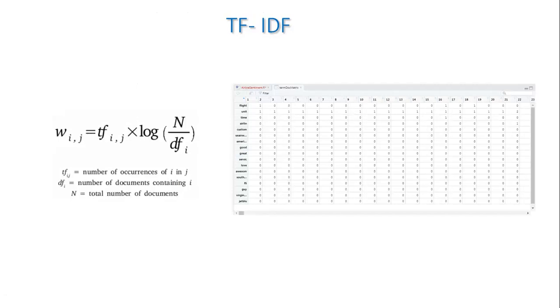On the other hand, if a term frequency is very small, in other words, the frequency of occurrence of a particular term is small across the whole corpus, okay? But at the same time, it also occurs in very few documents, okay? So you have to weight that frequency up a little bit because it is not indiscriminately occurring in all the documents.